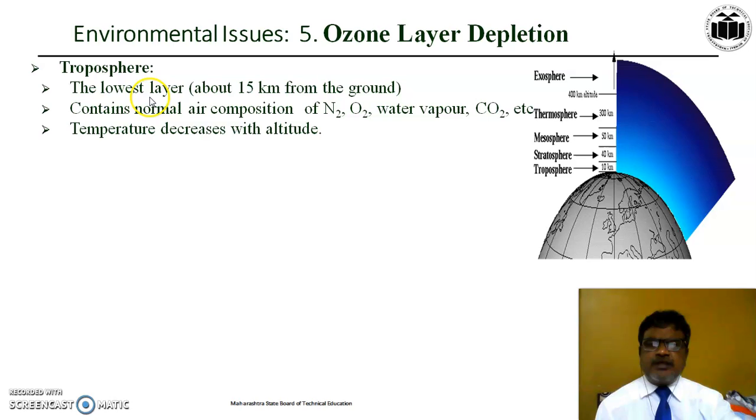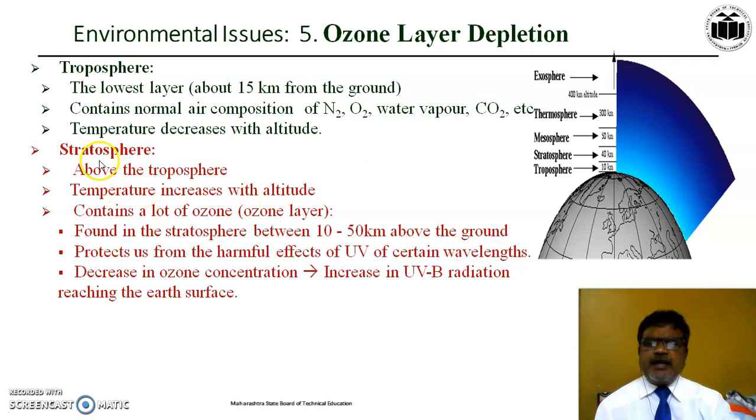Troposphere is the lowest layer, about 15 km from the ground. It contains normal air composition of N2, O2, vapor and CO2. The temperature decreases with altitude. The second layer is the stratosphere. Above the troposphere, temperature increases with altitude. It contains a lot of ozone.